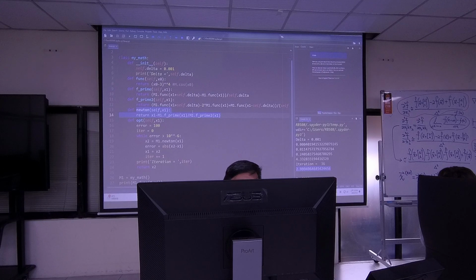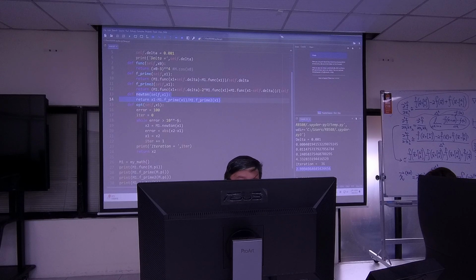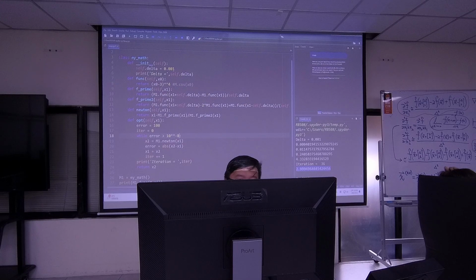Okay. If I want even greater accuracy, I can increase this error requirement, for example, 10 to the power of 8. But of course, you need a greater accuracy for delta as well. So maybe 2 more zeros. So now we have 2.994. Can we get 3?